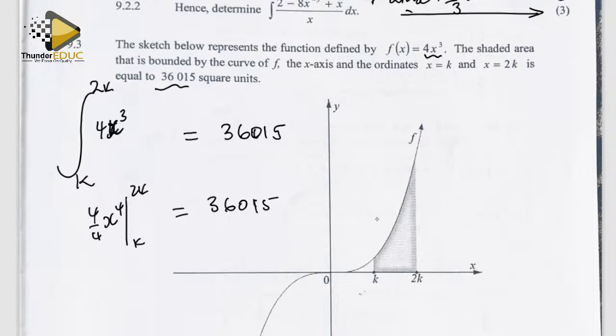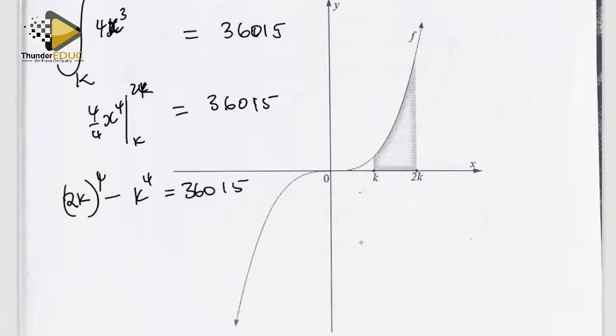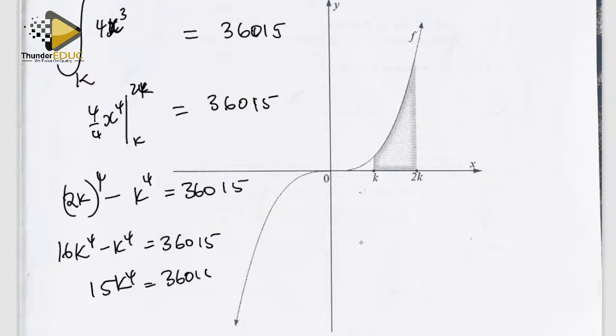When I substitute, I'll have (2k) to the exponent of 4 minus k to the exponent of 4 equal to 36015. What is 2 to the exponent of 4? That's 16. So 16k to the 4 minus 1k to the 4 gives 15k to the 4 equals 36015.